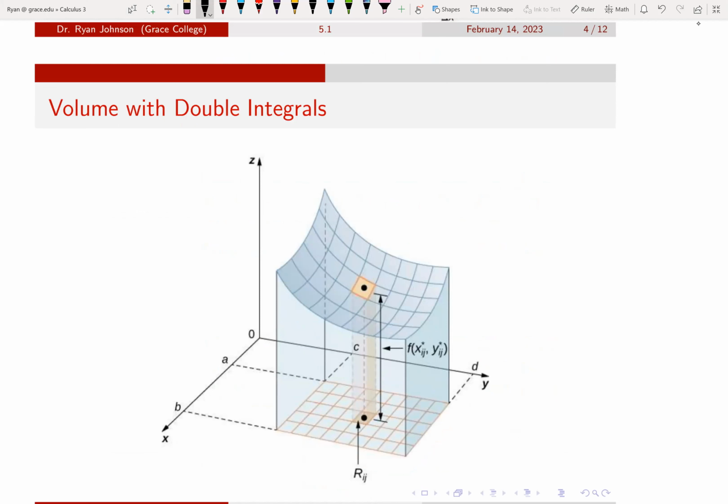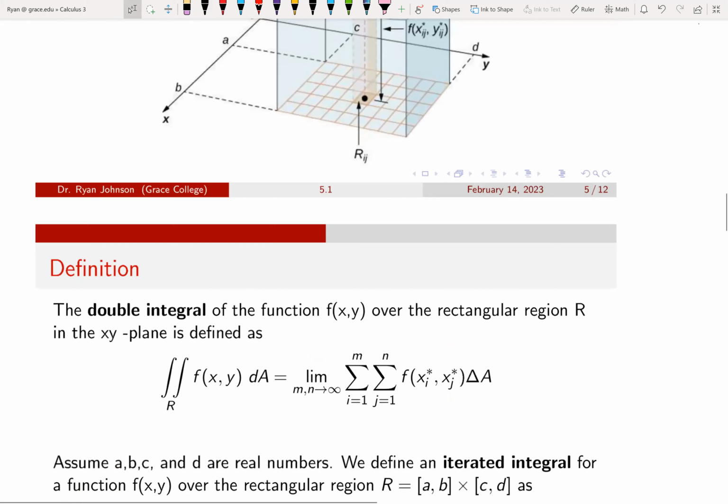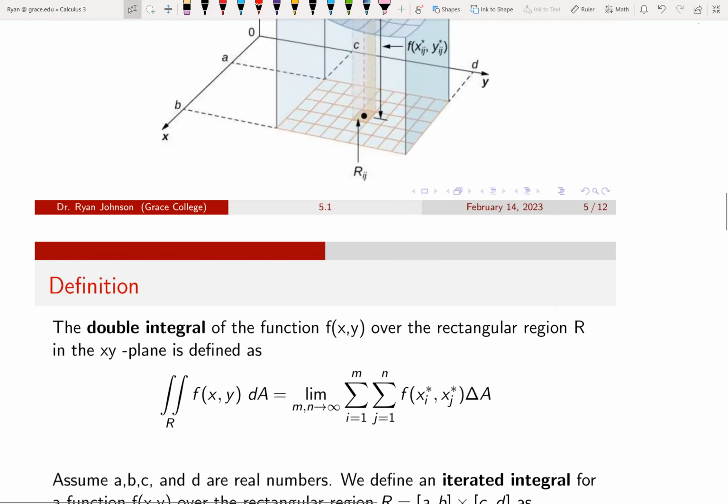You plug that into the function, and then you can add up all these little skyscrapers, and that gives you an approximation of the volume of this shape. As you get those skyscrapers narrower and narrower, with a smaller base, you get a closer and closer approximation to the actual volume, which is what we get right here.